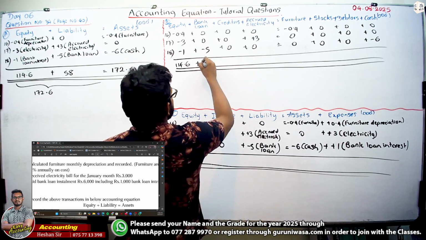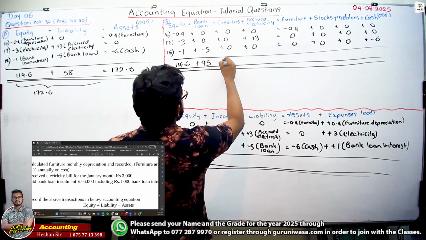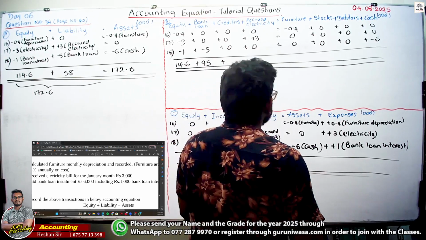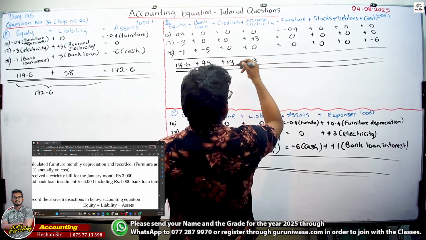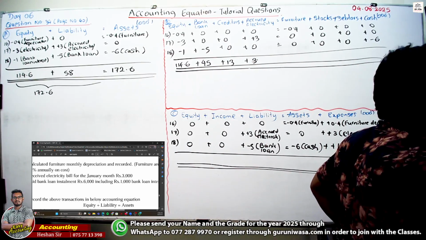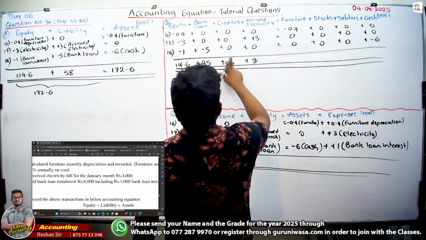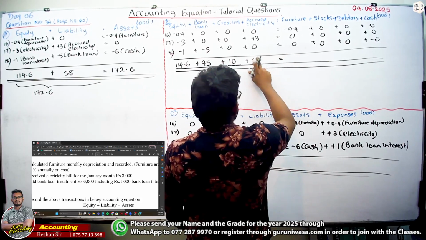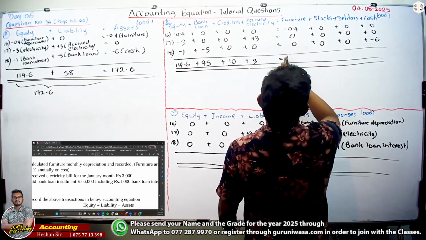Bank loan 45. Creditors 10 and accrued electricity 3, total 13. Furniture 39.6.